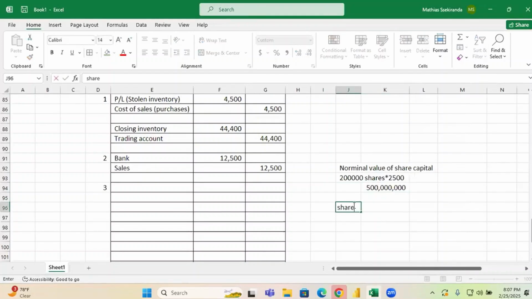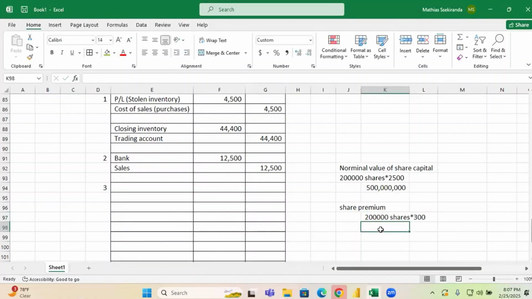And then the share premium is the excess of the nominal value. I'll get 200,000 shares. What is the excess over 2,500? It is 300, because we sold it at 2,800. So the excess is 300, the premium. So the premium is 60 million. Therefore, in total, we got 560 million.